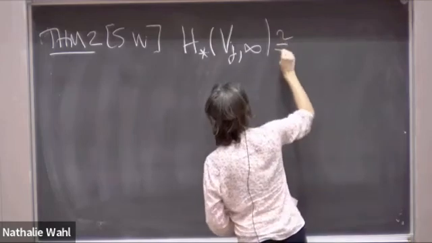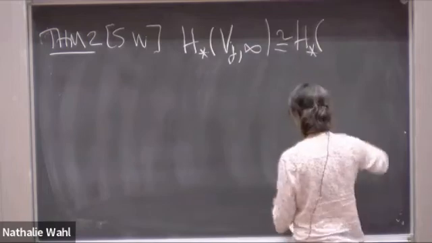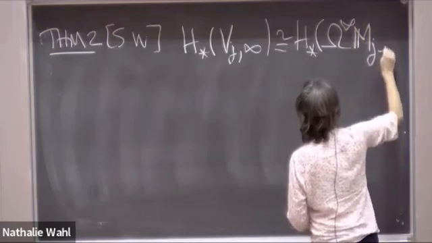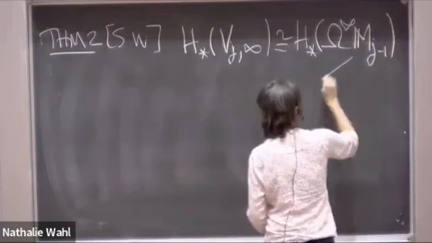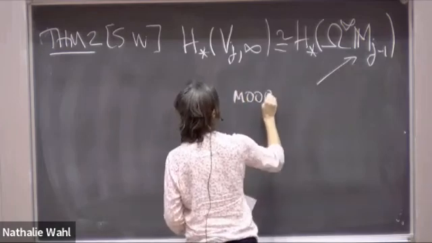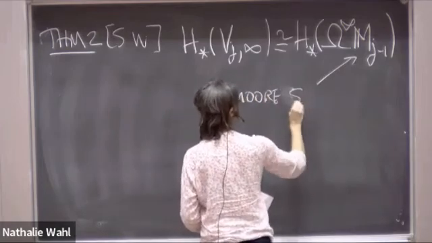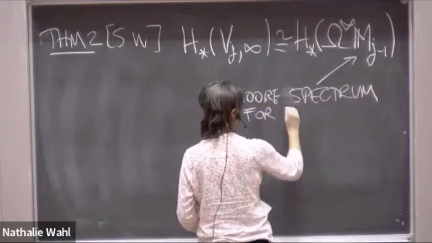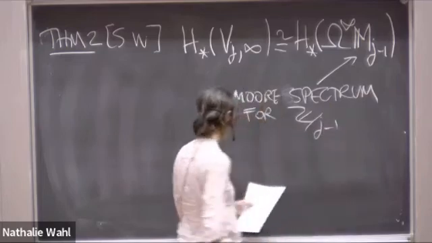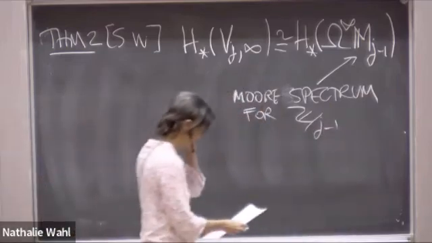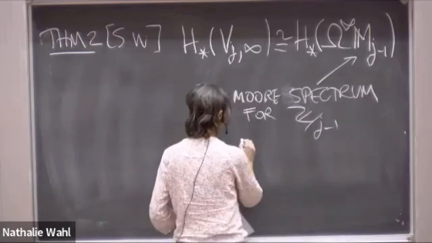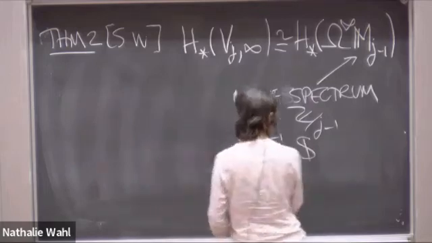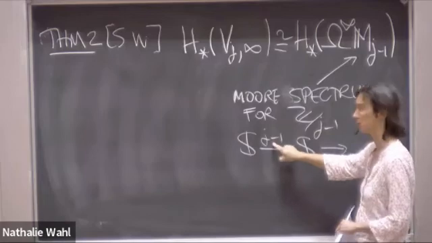Then this is isomorphic to H star of some infinite loop space, omega infinity of the Moore spectrum for Z mod j minus 1. And just to say more precisely what it is: the cofiber of a map from the sphere spectrum to itself that multiplies by j minus 1.